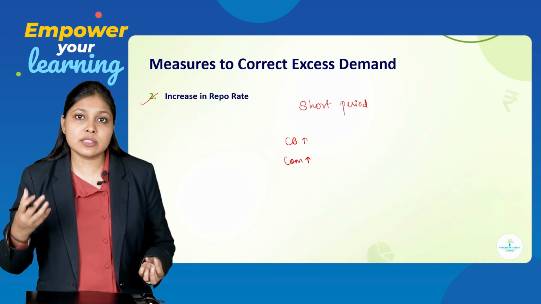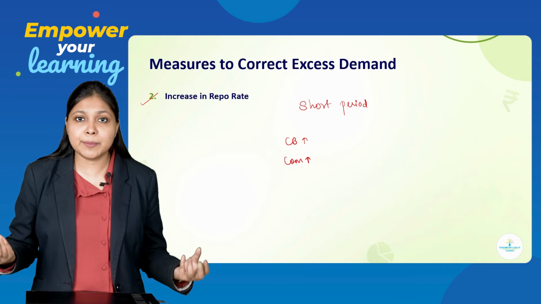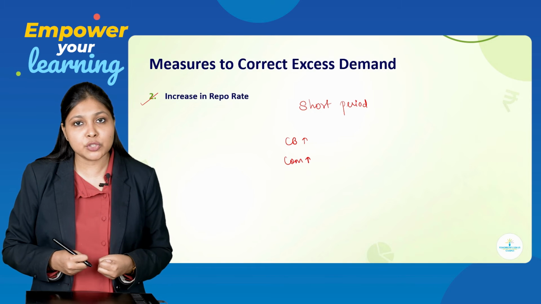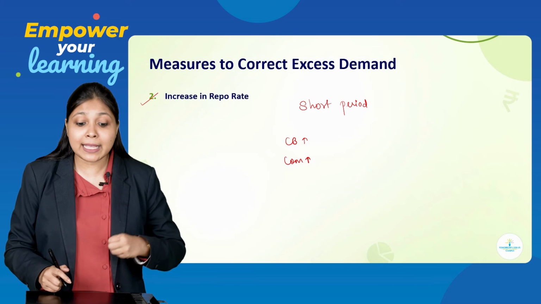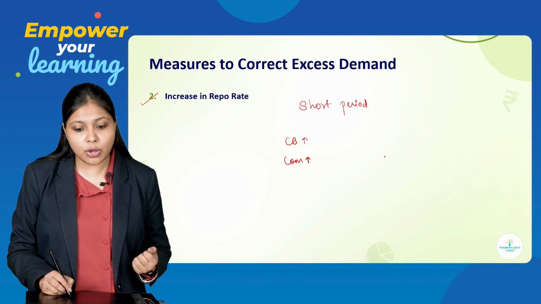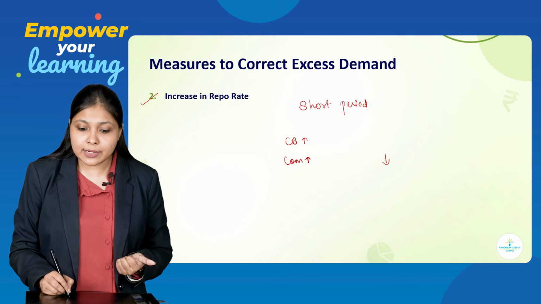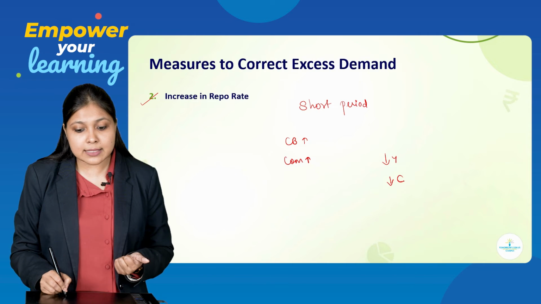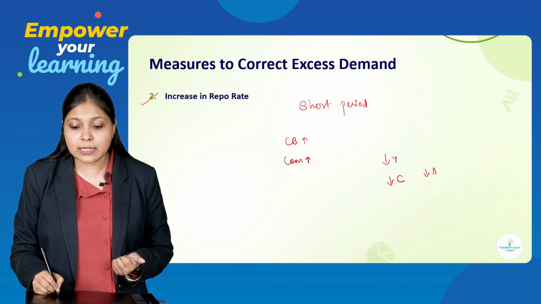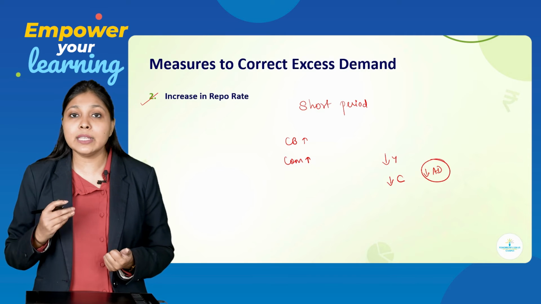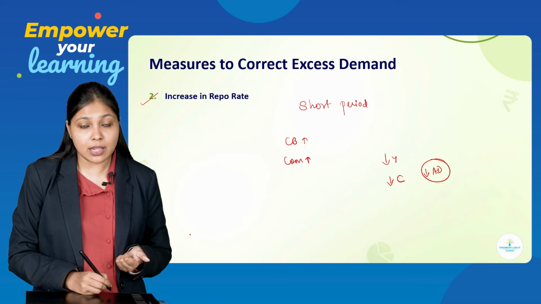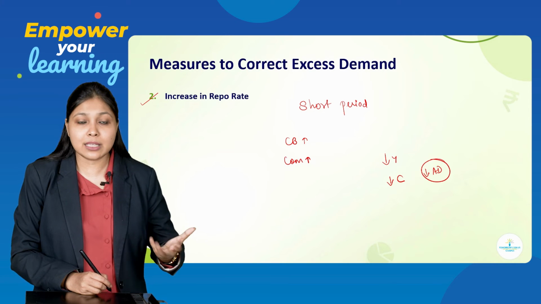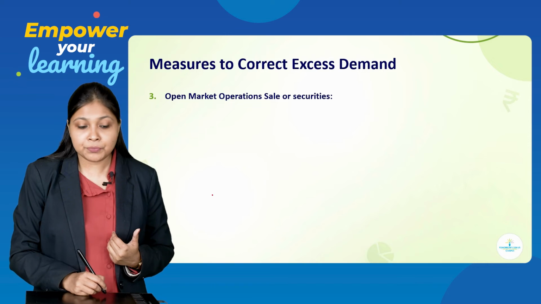Now again, if the interest rate has been increased, people will be discouraged from borrowing money from the commercial bank. So again, people will stop borrowing from the commercial bank. Hence, money flow in the economy will reduce. So lesser income means lesser consumption. Lesser consumption will ultimately lead to a reduction in aggregate demand. So the repo rate will also be increased by the RBI.